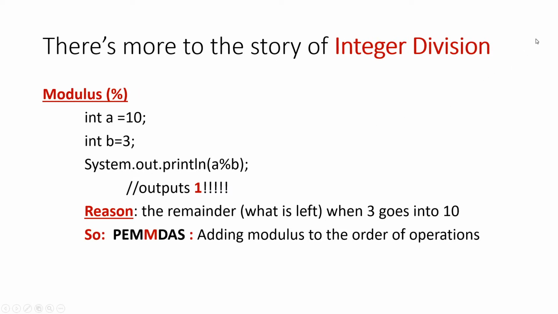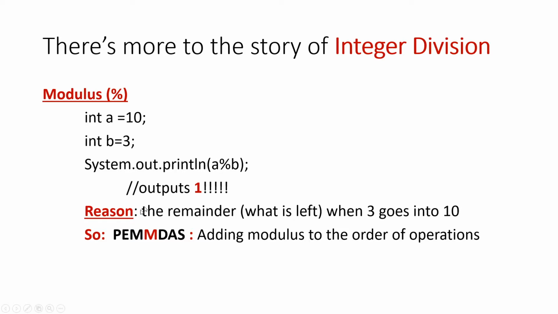So there's even more to that. There's one left over when 10 is divided by 3. And this is captured using the modulus operator. It's a percentage sign, as you can see. So when you go a modulus b, it outputs 1. And that is the remainder of when 3 goes into 10.